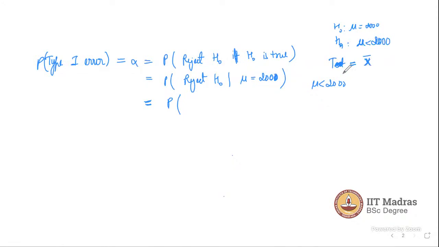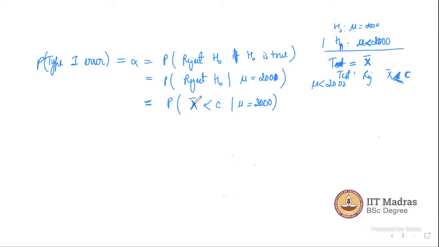The test says reject H naught if X bar is less than C. If you have a problem understanding this, just check HA: if the symbol is less than something, you use less than in the test too. So I will say reject H naught if X bar is less than C, given mu equals 2000.